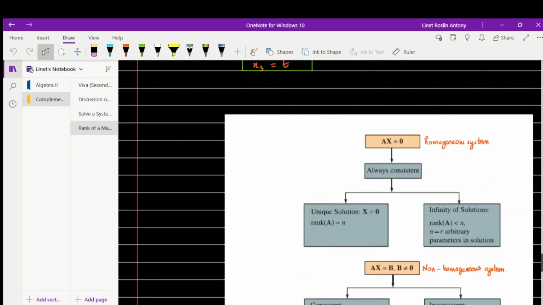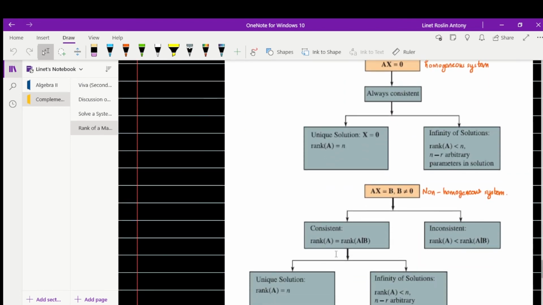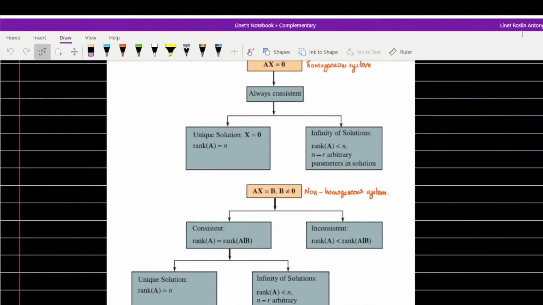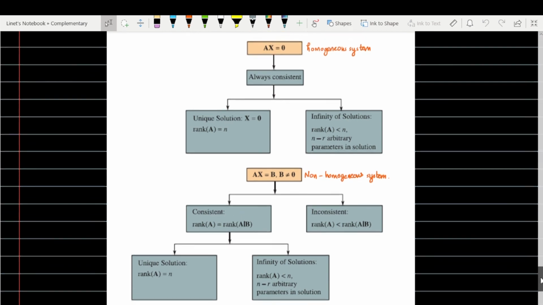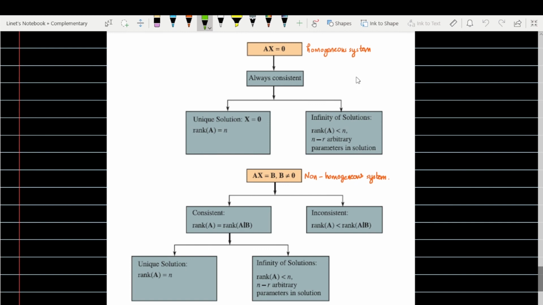Now, to summarize, we have something very important. Suppose you have a homogeneous system. This homogeneous system can be written in the matrix format as capital A x is equal to the 0 matrix 0. That's why it is written in the bold form.